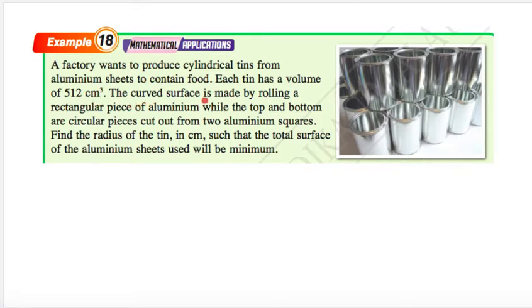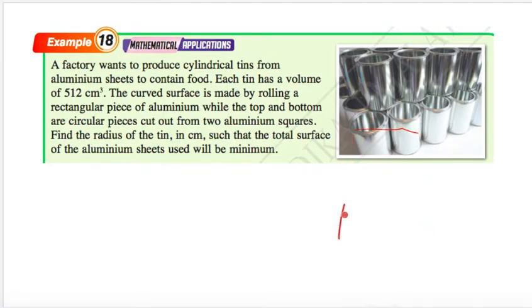The curved surface is made by rolling a rectangular piece of aluminium. Here the body is rectangular because it's a cylinder, while the top and bottom are circular pieces cut out from two aluminium squares. So up and down, one square, two squares.